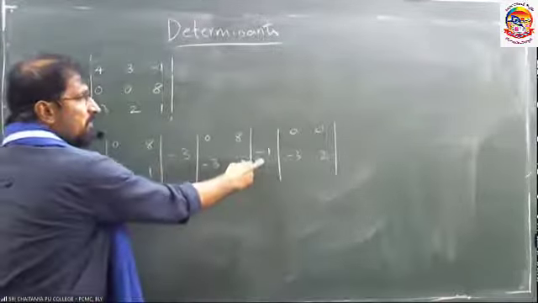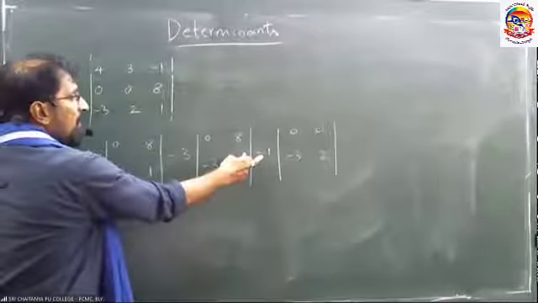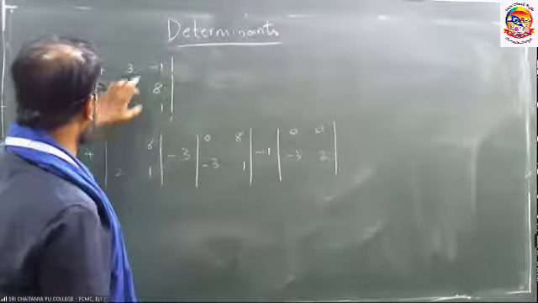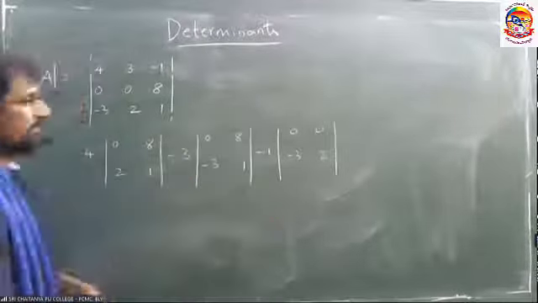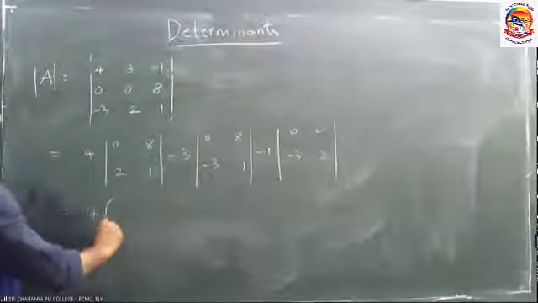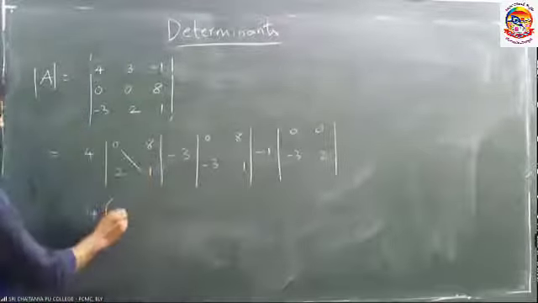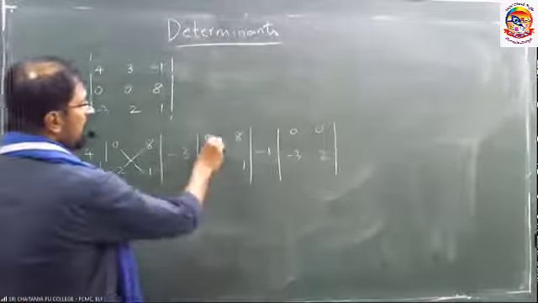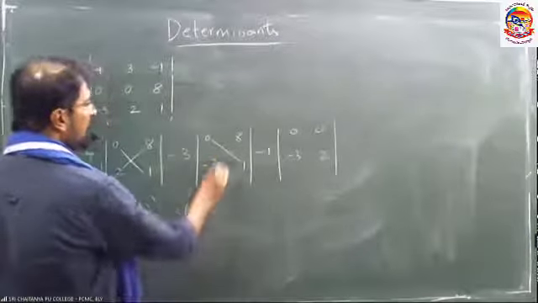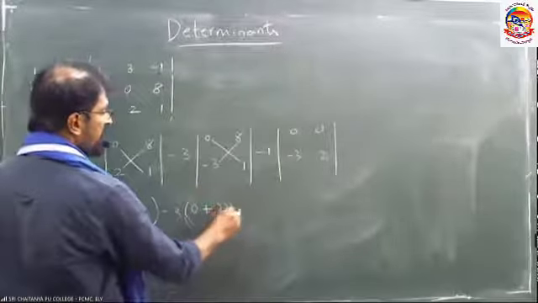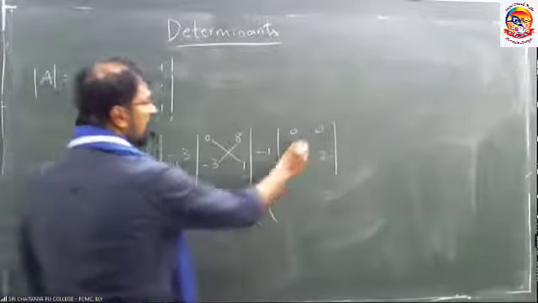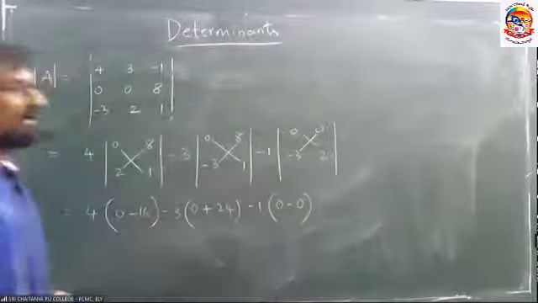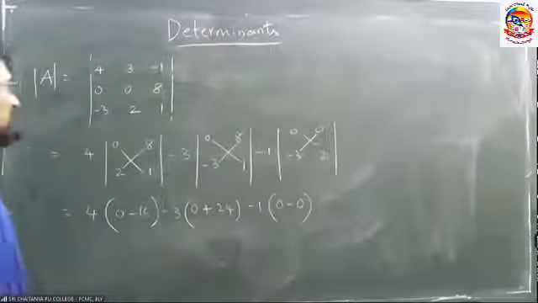Here you should get positive, but minus 1 is here, so I am writing minus 1 into exclude this column and this row. You are going to get these elements, write them down there. Now 4 into AD 0 minus BC 16, minus 3 into AD 0 minus BC, minus of minus 24, minus 1 into AD 0 minus BC 0. If you simplify this, whatever you got, that will be the determinant of the matrix.